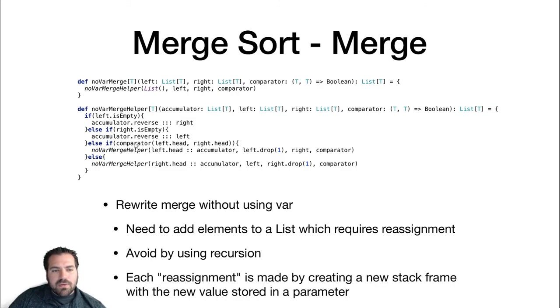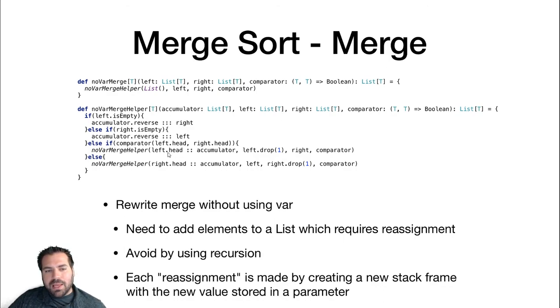And my recursive calls, if I'm not at the end of one of these two lists, I'm going to call my comparator on the first element of each list. And if the left value should come before the right, I'm going to make a recursive call with that left element prepended to the beginning of my accumulator, which is storing all of the values that are in the final sorted order.